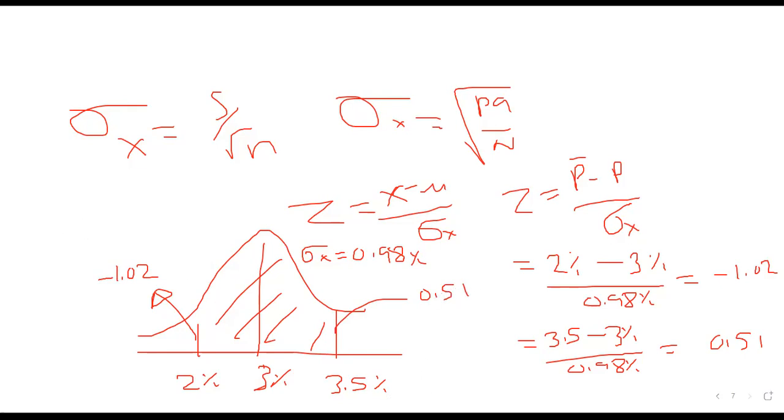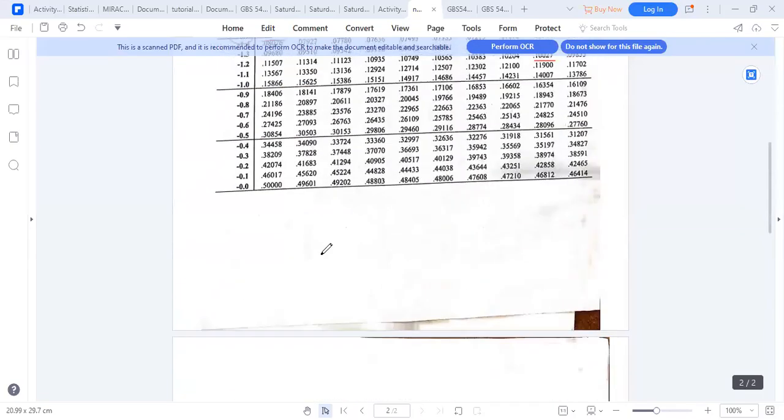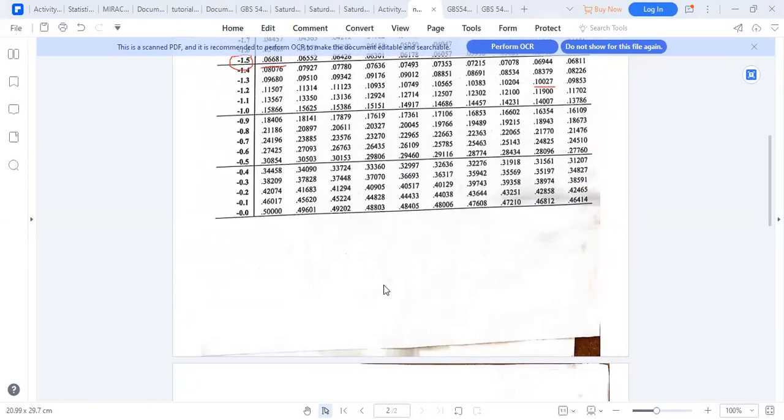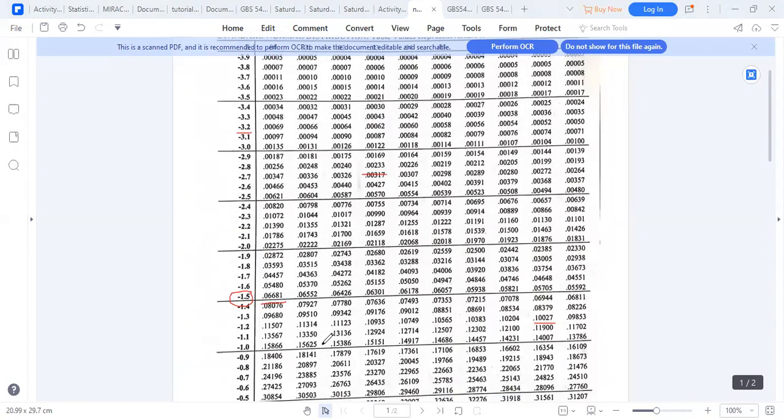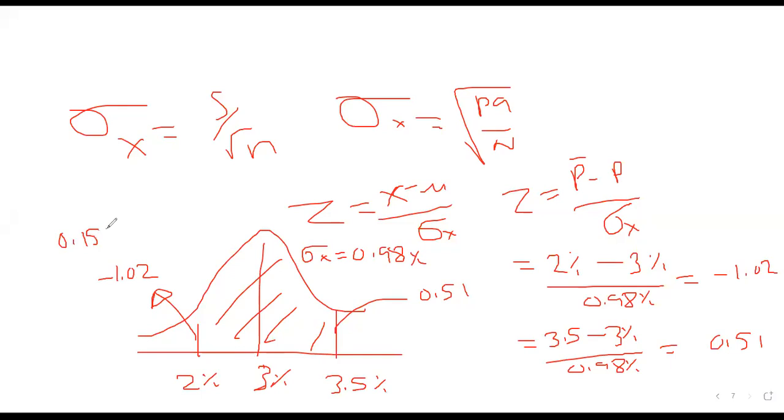So what figures are we going to get when you go into the table? For 1.02, you go under 1.0 and under 2, to get here 0.3461. For 0.51, we go under 0.5 and under 1.